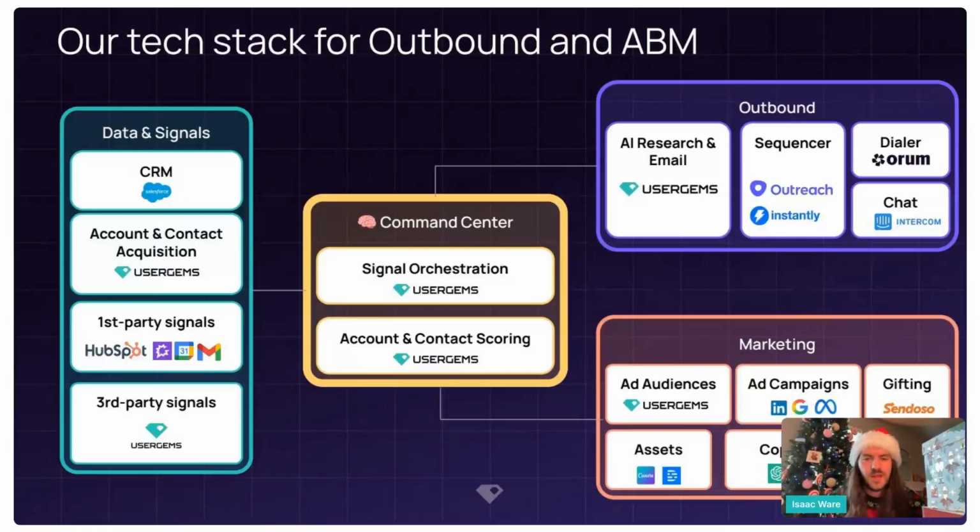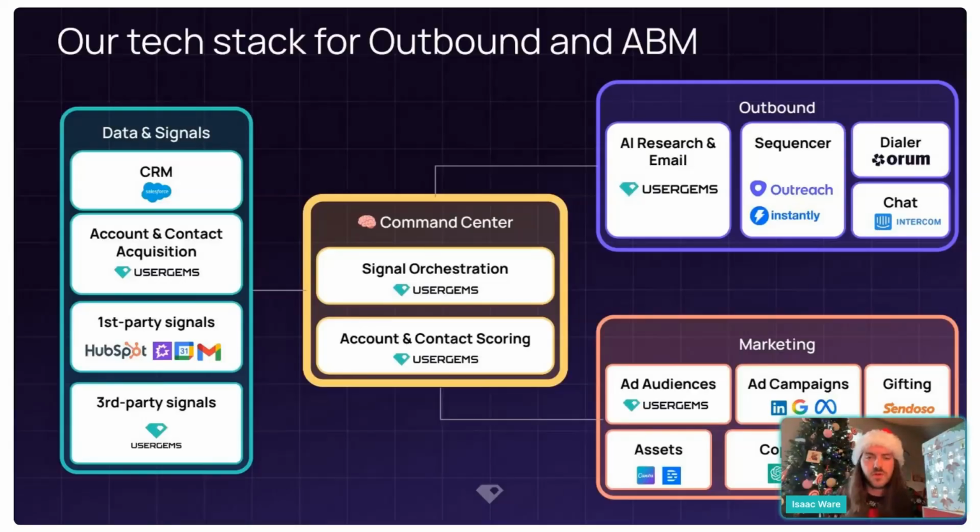And the last piece I'll get into is the tech stack for UserGems. Again, very similar to the other ones. On the data and signal side of things, we're using our own CRM data very heavily. For account and contact acquisition, the only source for every single one of our contacts and accounts is UserGems.